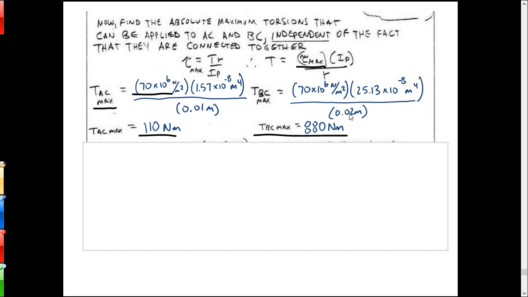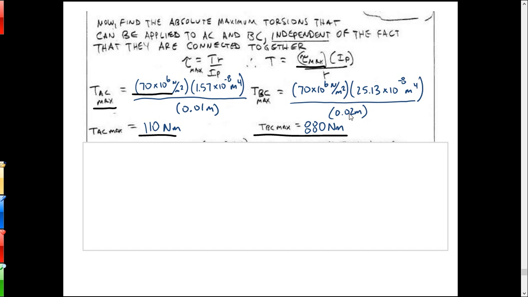So what I've done here is I've done two things. I've found what that maximum allowable torsion can be, and I've also figured out what the ratio between the two torsions is. So based on that, I can figure out what's going on with this shaft.